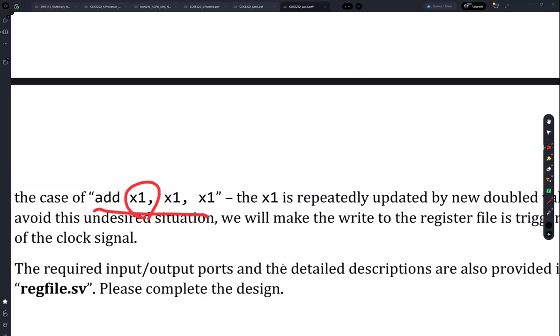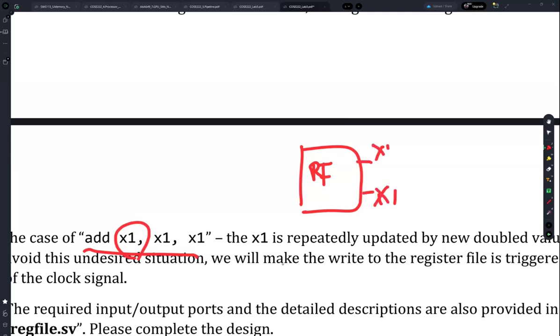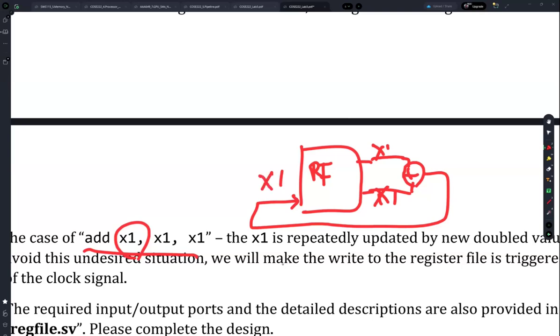So this logic looks like this: this is a register file, and this is x1 and x1. We perform the add operation, and the result is written back to x1 also.